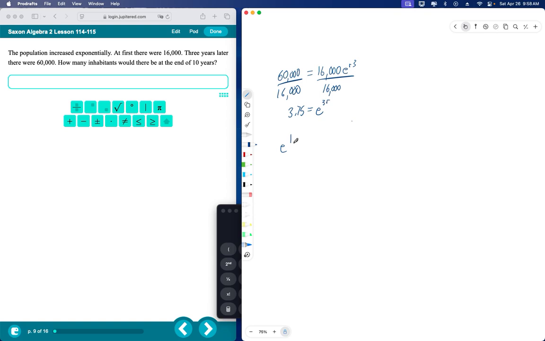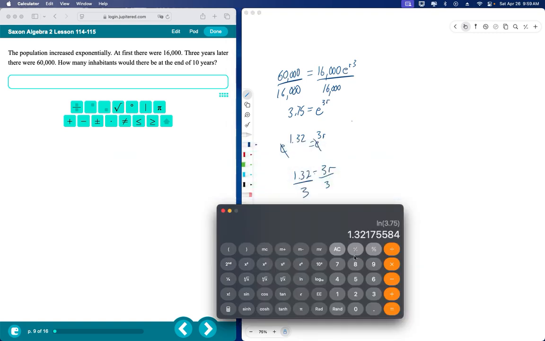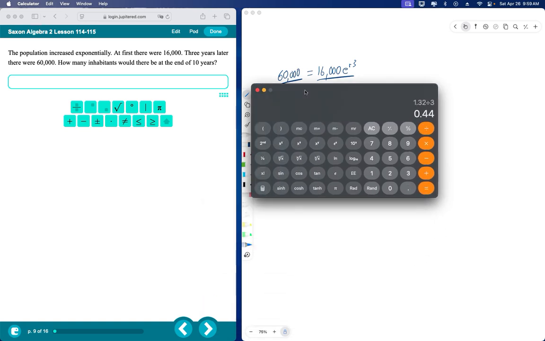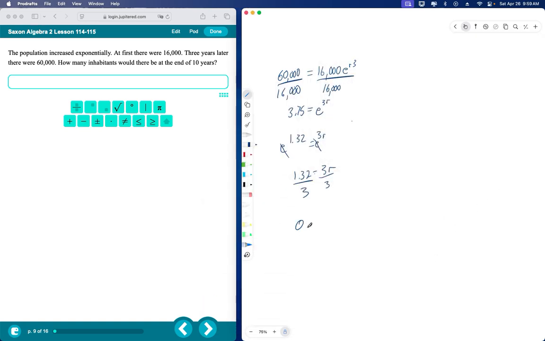That's e to the 1.32 equals e to the 3r. Cancel the E's. 1.32 equals 3r. Divide both sides by 3. 1.32 divided by 3 equals 0.44. So 0.44 equals the rate. How many will there be at the end of 10 years?